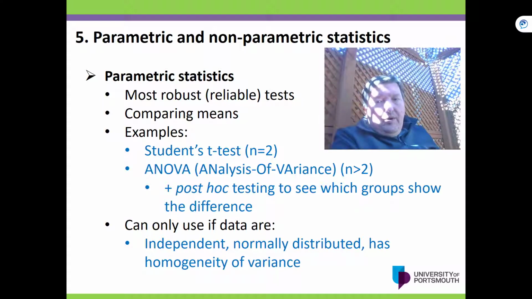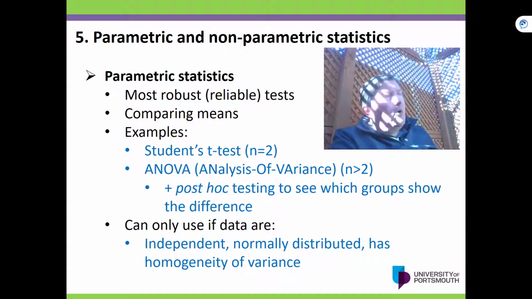So n is 2, n being the number of groups. If you've got more than two groups, you need to use an ANOVA, which is called the analysis of variance. So you can see analysis of variance, that's where ANOVA comes from. And so this is when n is greater than 2. So you've got 3 groups.